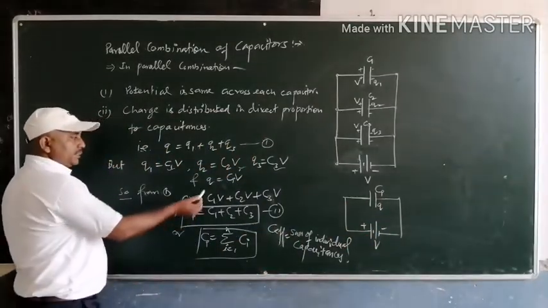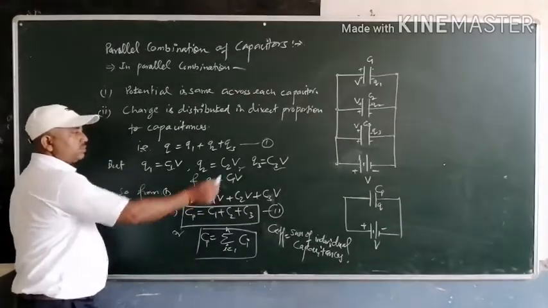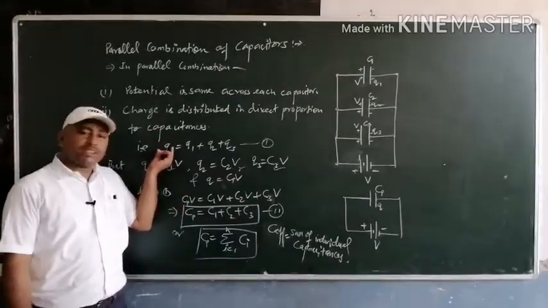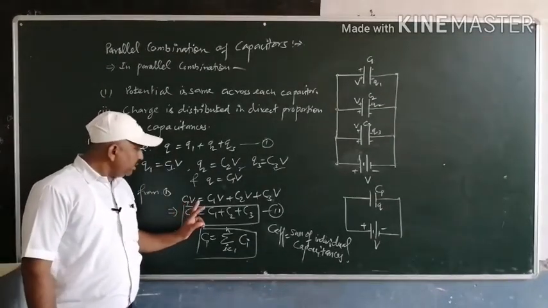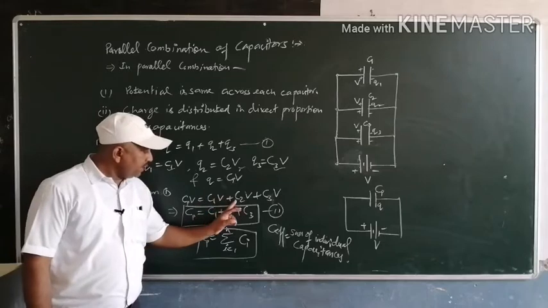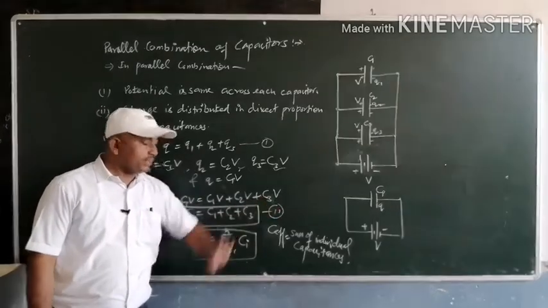If we put the values of Q, Q1, Q2, Q3 from these equations in the first equation, we find CpV equals C1V plus C2V plus C3V.